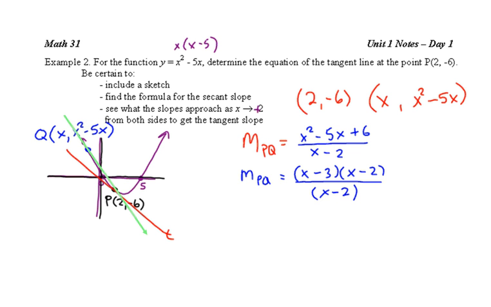Think. What are we approaching? What do we want our line to approach? x is 2. We want it to approach 2. x cannot equal 2, right? It's a non-permissible value. So that's why it's really important that this canceled here.